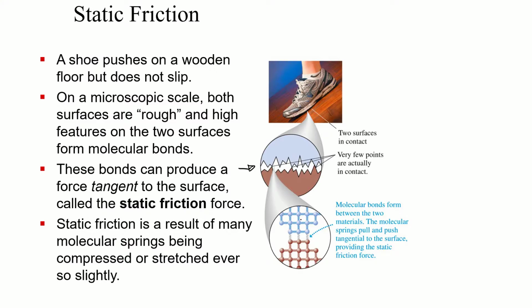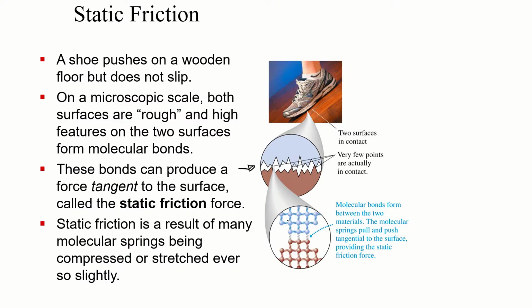But if we were to zoom in and look at a molecular level at what those two surfaces are made of, even though there's not necessarily a chemical reaction between the surfaces that is causing bonds, there's still an attractive sort of bond that forms between those two surfaces and causes those surfaces to want to stick together. And that's essentially what's causing this force of friction. The surfaces want to stick together and stay still.